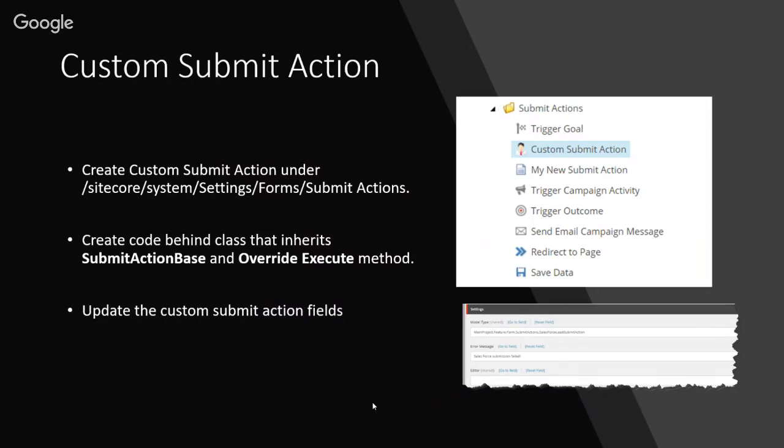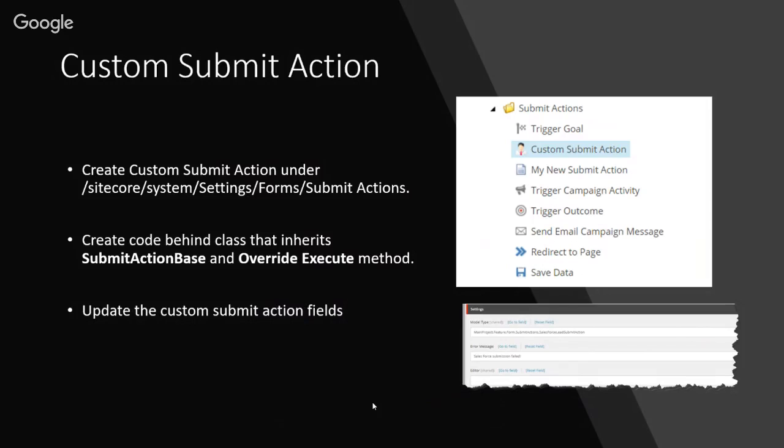Basically, inside the execute method, you can prepare a model, call any web API call. It could be a Salesforce call, or it could be any external web API call.